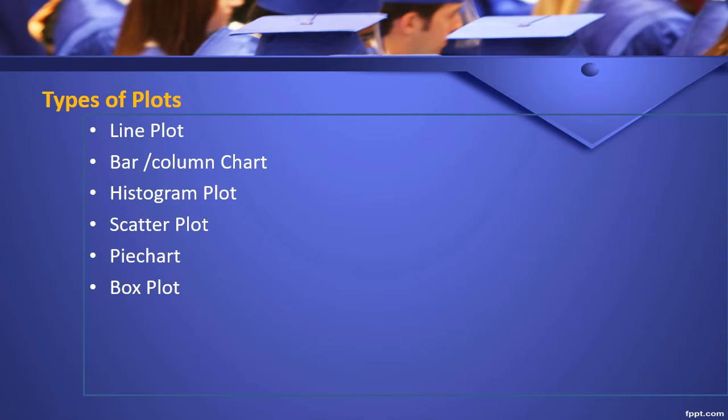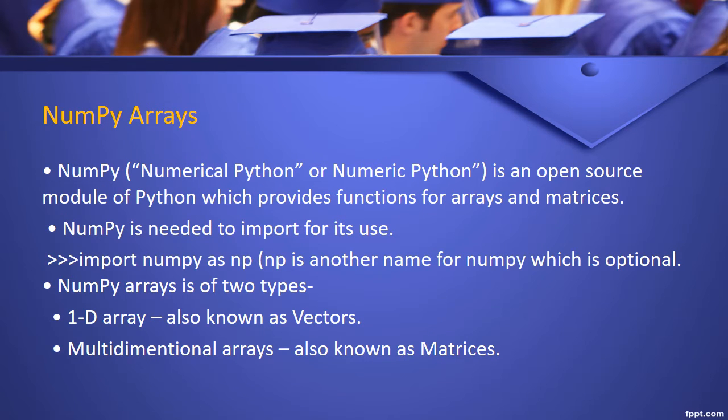And what are the plots we can see? We are going to see line graph, bar chart, histogram, scatter plot, pie chart, and box plot. This we can see in upcoming videos. Before we draw those plots, we should know about the NumPy library.